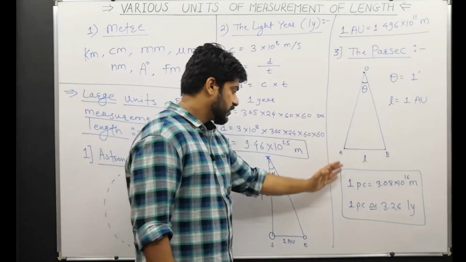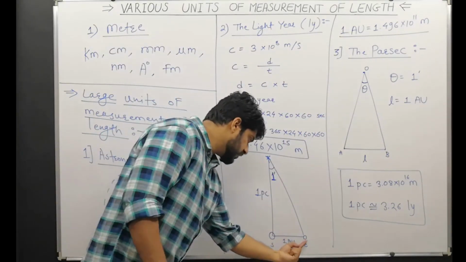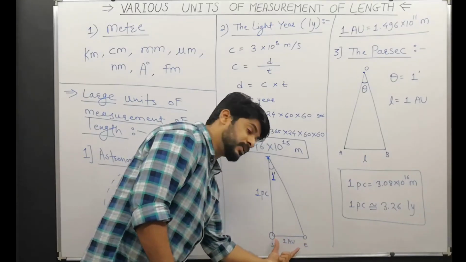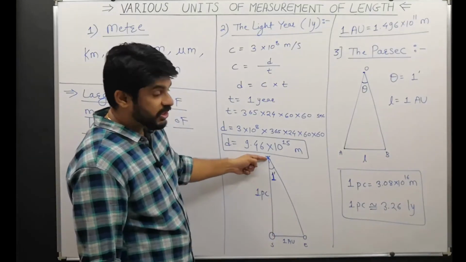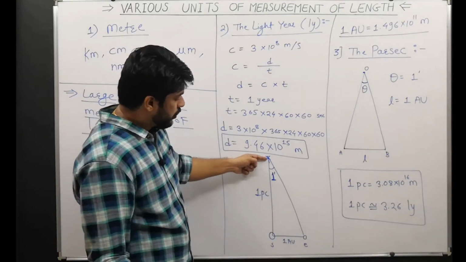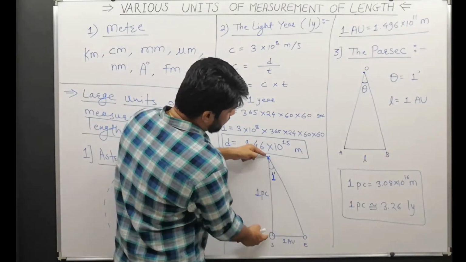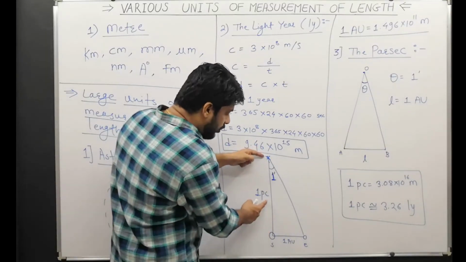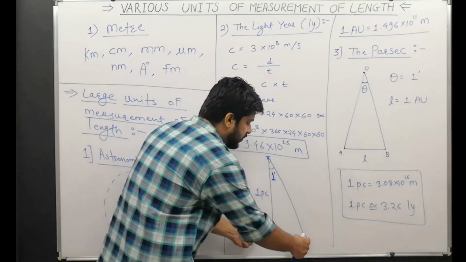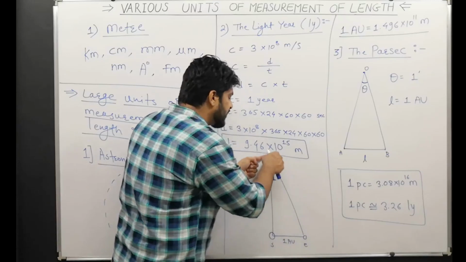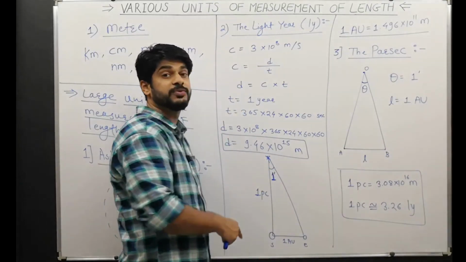So here is a simple way of defining it. This is a distance of 1 astronomical unit, that is sun and the earth. There is a certain star, for example. The distance between the sun and the star would be taken as 1 parsec if this 1 astronomical unit subtends an angle of 1 second with this star or this point.